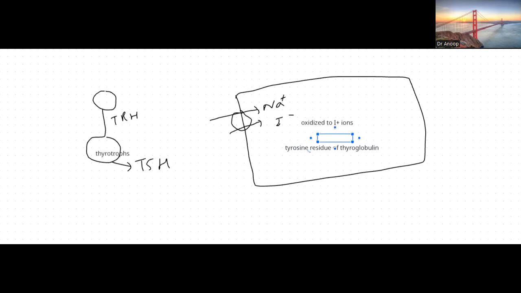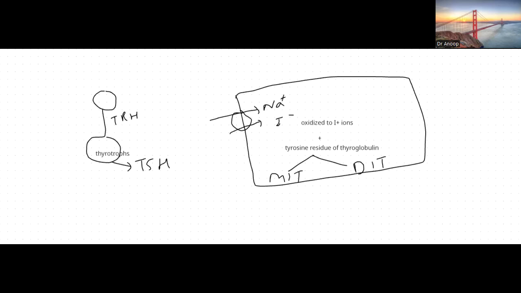So your I positive ions are going to combine with the tyrosine residue of thyroglobulin and lead to the formation of monoiodotyrosines, that we call MIT, or diiodotyrosines, DIT.